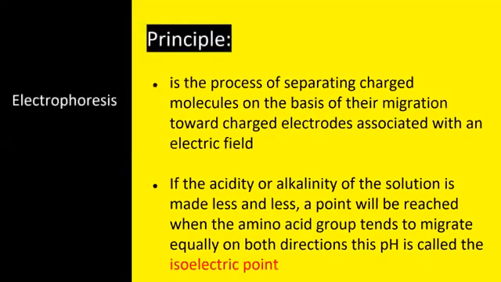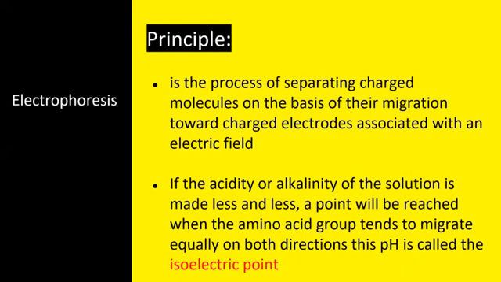Okay, so electrophoresis. This is the process in which a charged molecule is attracted to the electrode of the opposite charge. The principle of this process, class, is that it separates charged molecules on the basis of their migration toward charged electrodes associated with an electric field.